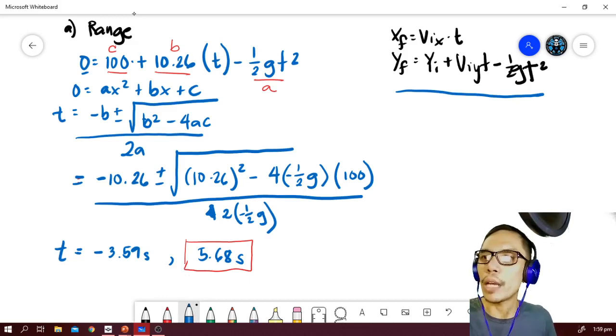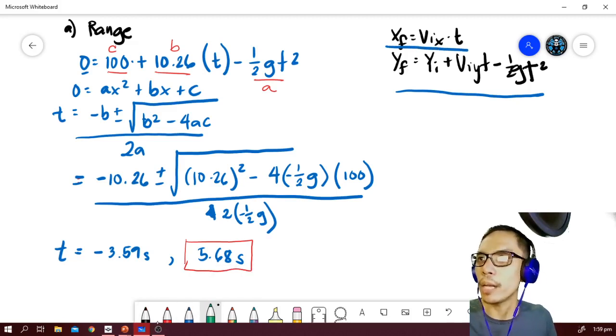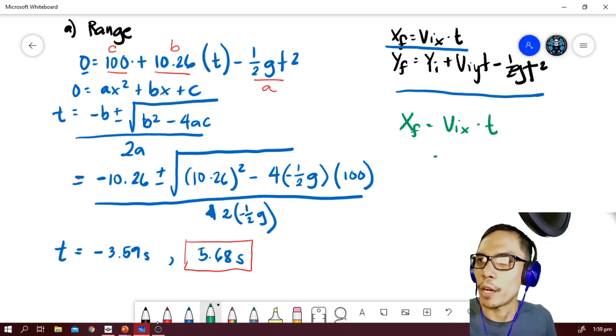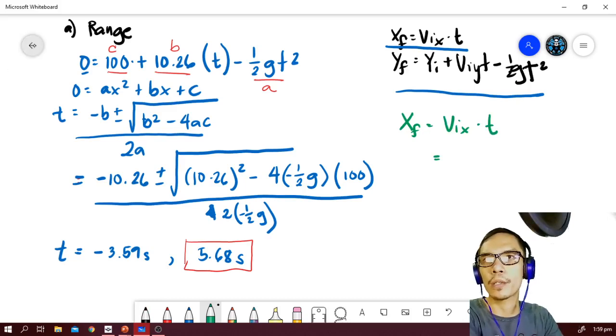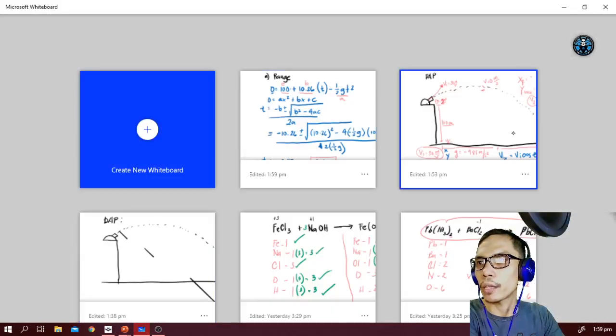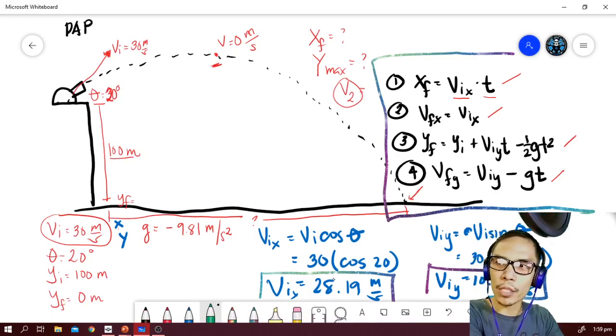We can now use this to compute for the range. So we have x sub f is equal to v sub i x times time. What is the v sub i x? If we go back to our previous component, the v sub i x is 28.19 meters per second.